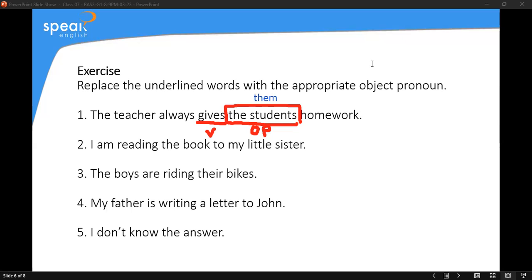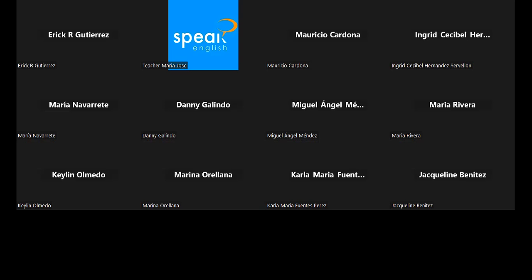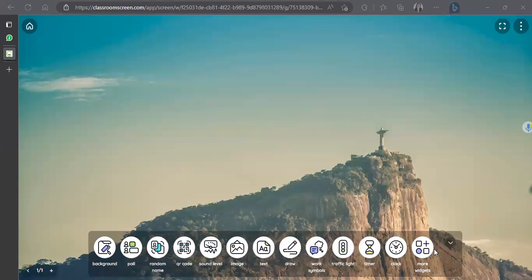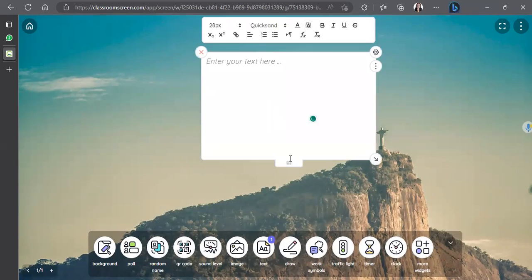Now, I want to show you something else before we continue because I consider it's important. Just give me a sec. Okay, I'm going to show you how we can identify the different objects in the sentence. So just make this bigger.